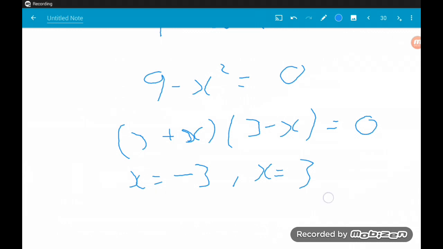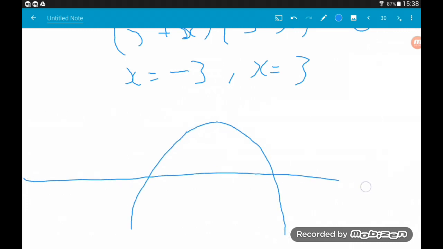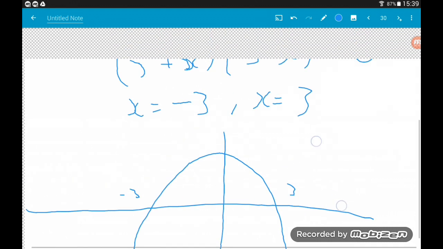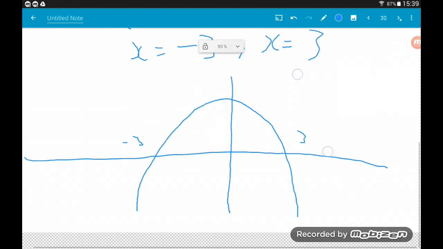So now that we have our x-intercepts, we can sketch. So we got a negative x squared term, so it's an unhappy quadratic. So we know this point here is minus 3, this point here is positive 3. Now we can solve the inequality. We wanted 36 minus 4x squared less than or equal to 0.